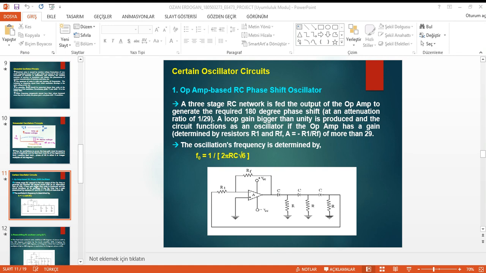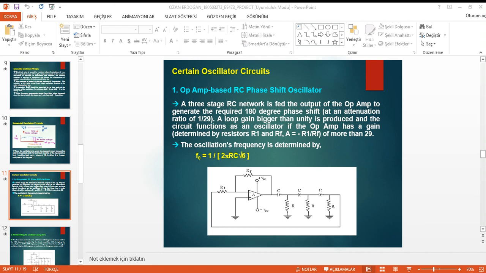Operational amplifier RC oscillators are more commonly used oscillators as compared to the transistor oscillators. This type of oscillator consists of an OP-amp as the amplifier stage and three cascaded RC networks as feedback circuits, as shown in the figure below.